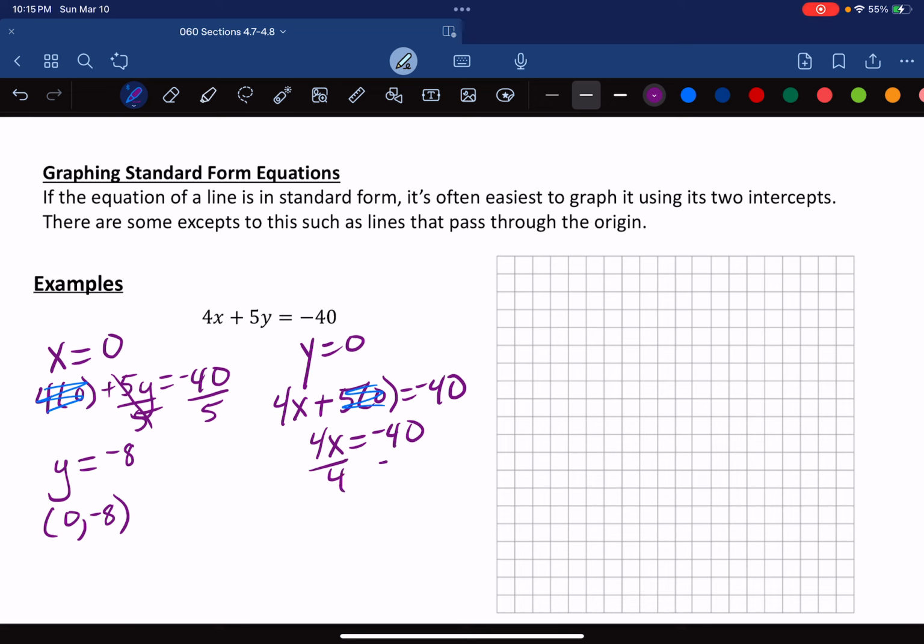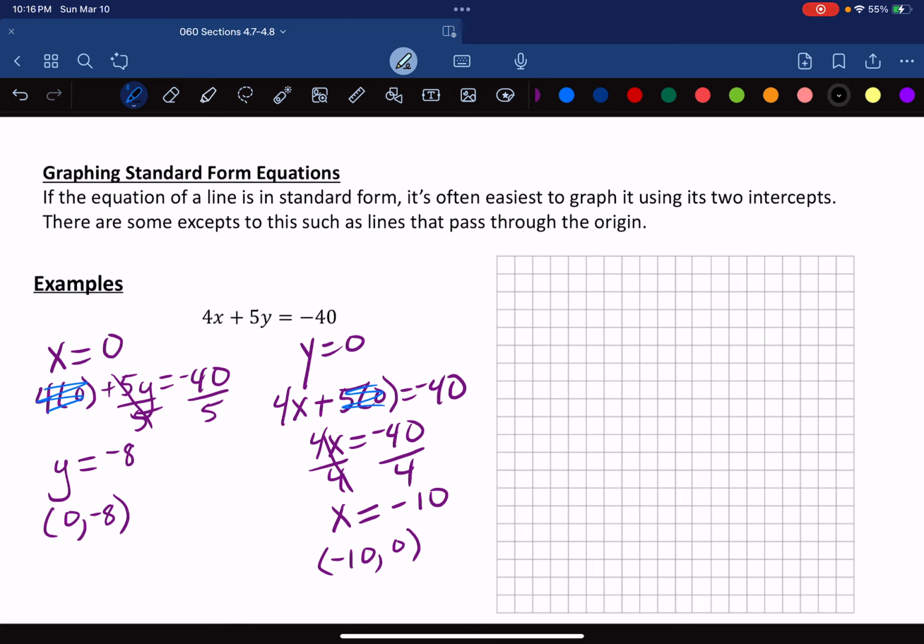I can divide both of those by 4, and I know that 40 divided by 4 is 10, so we get negative 10 because negative 40 divided by 4 is negative 10. And now we have 2 points, and these 2 points are both negative values for my x and y. So it looks like we're hanging out over here in quadrant 3.